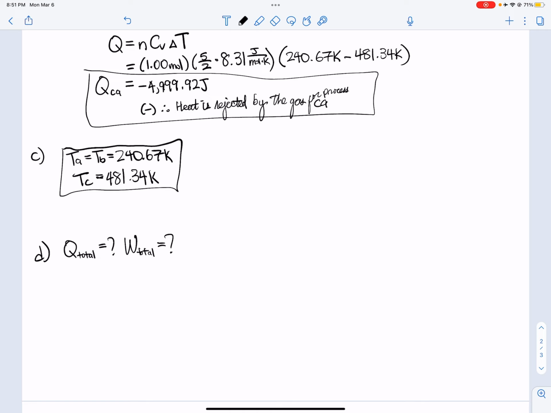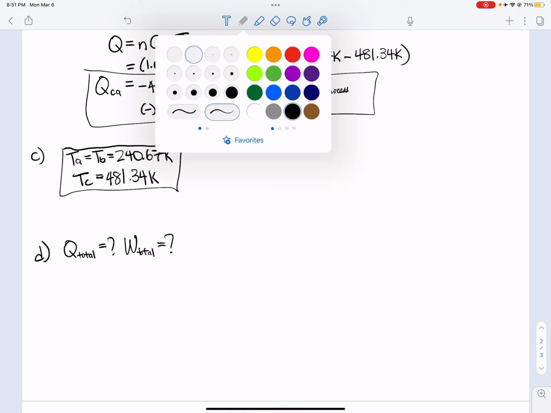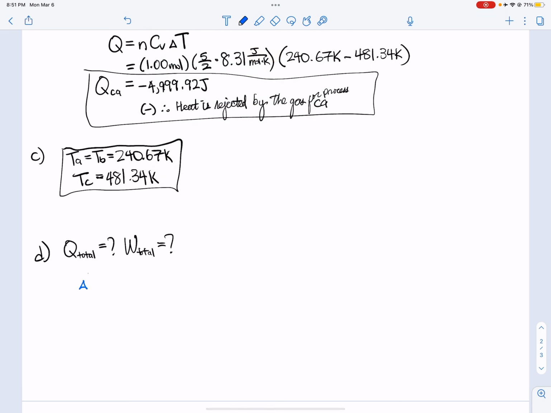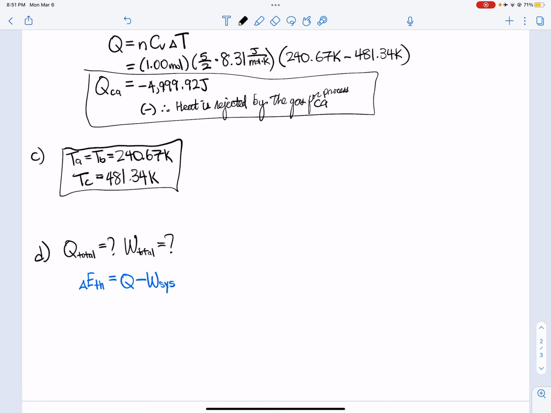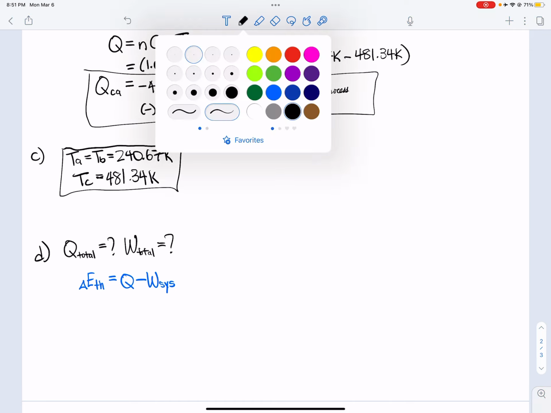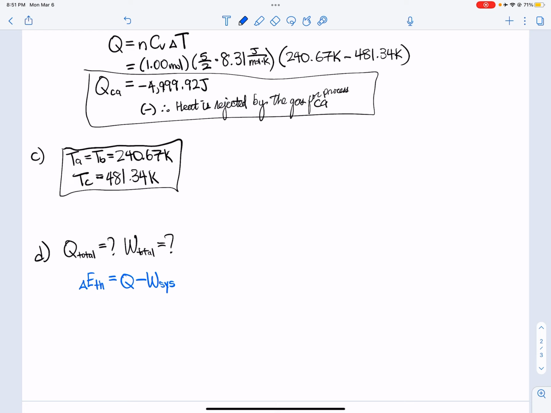Let's use the first law of thermodynamics, which is the change in thermal energy is equal to heat transfer minus work done by the system. Okay? Guys, remember, this is from chapter 20, section 2, okay? When we discussed heat engines. For a closed cycle device, or a heat engine, right?